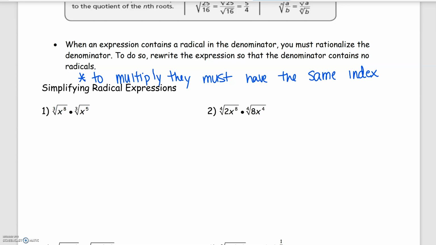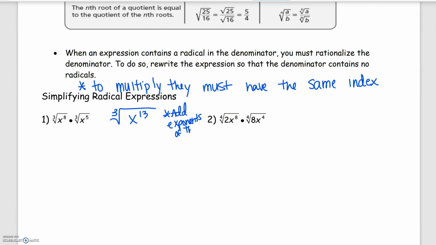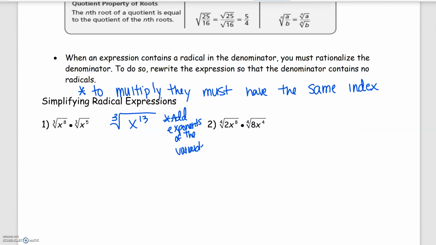So these both have the same index, so cube root, and then we will add the exponent of the variables when we multiply, so it's x to the 13th. And then if there were coefficients, we would multiply those, but we'll add the exponents of the variables.